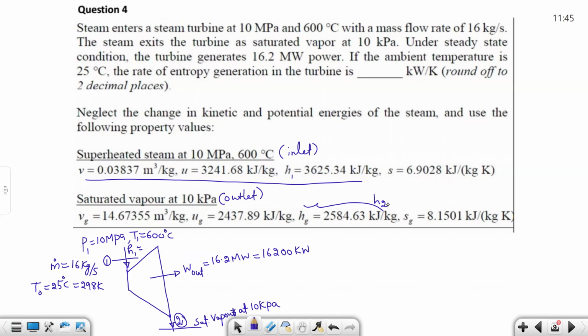Now if you apply the steady flow energy equation, work output must be m dot into H1 minus H2. Let's check what is the work output that you get.